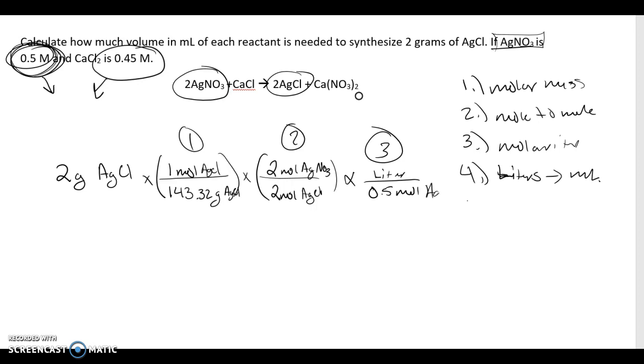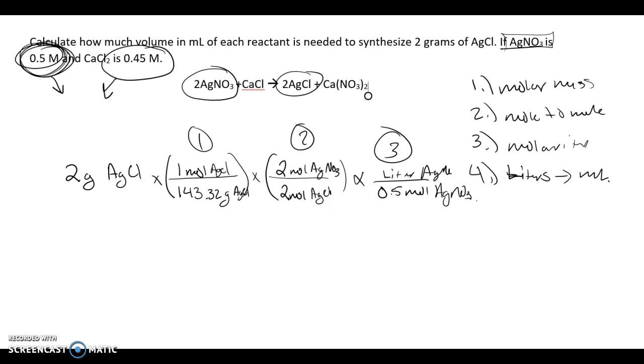Now we're talking about AgNO3. Let's make sure we keep our units so we know that we're doing this problem correctly. Now, the last step is just converting from liters to milliliters. In 1 liter, there's 1,000 milliliters. Good. And that's your 4th and final step.